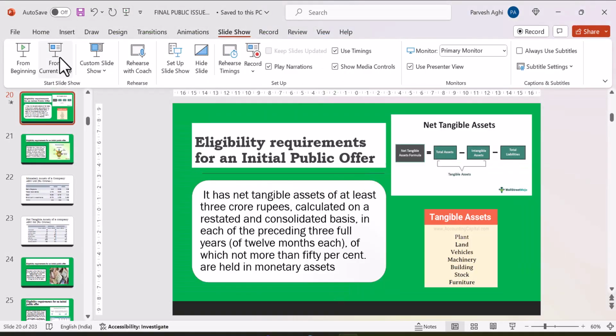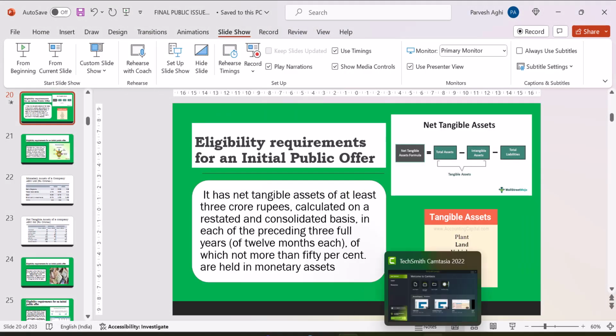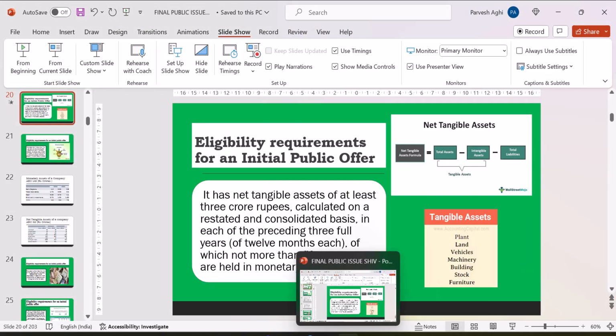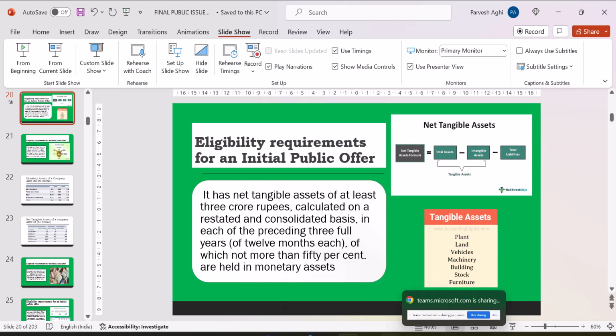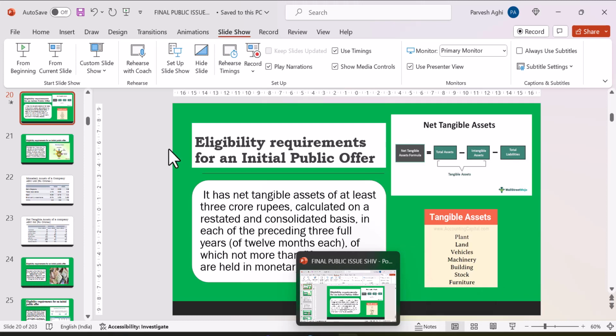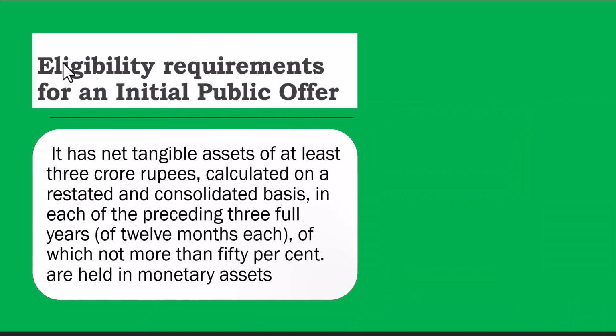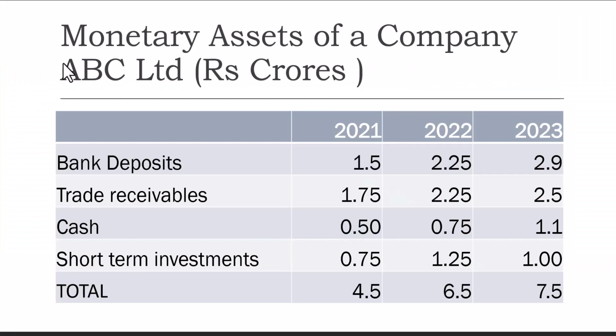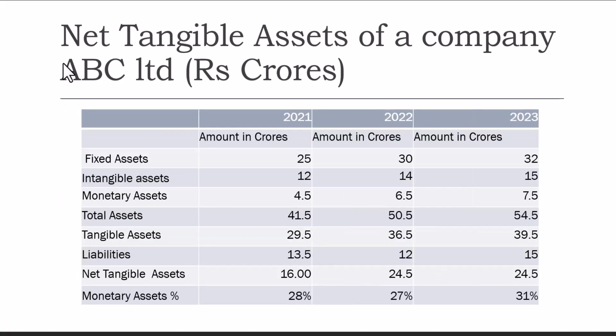Okay. So suppose a company doesn't have net tangible assets of 3 crores. The promoters may bring a lot of cash and put the money in a bank to meet the requirement. In that case, the monetary assets will go up to more than 50%. The company will not be allowed to go for an IPO if the monetary assets are more than 50%.